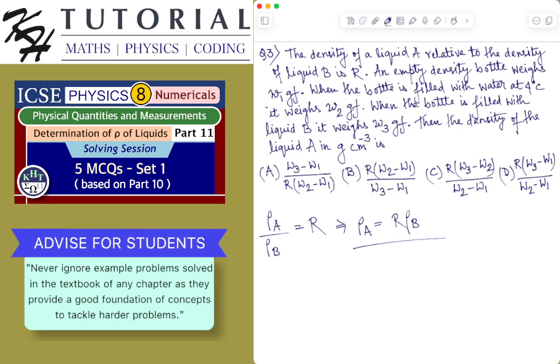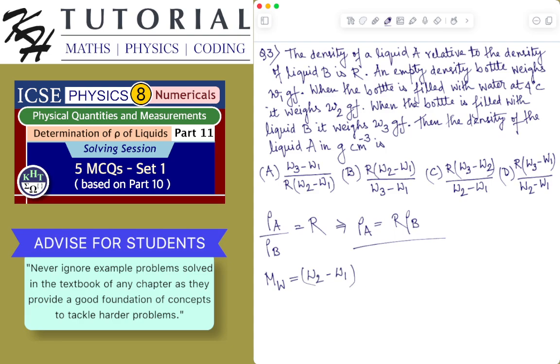Also, the mass of the density bottle filled with water at 4 degrees centigrade is W2 gram. So clearly, the mass of water having a volume equal to the density bottle at 4 degrees centigrade will be W2 minus W1 gram.